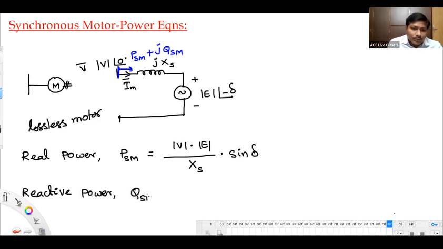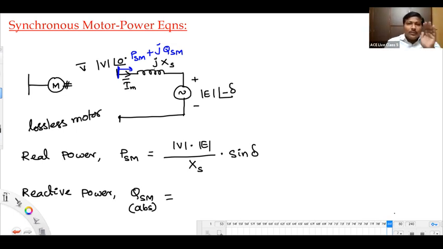So you can call it QSM absorption. What is the formula for the QSM absorption? First we should write mod V by XS, just like a two-bus system.